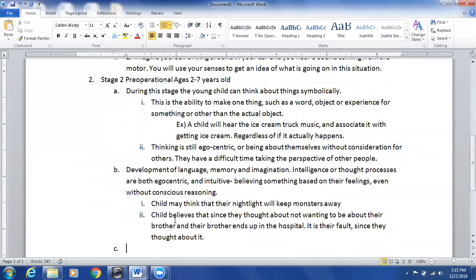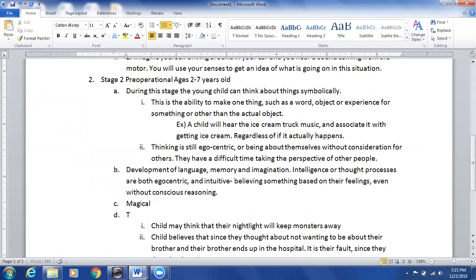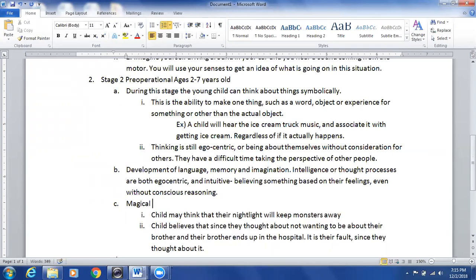So things that aren't actually happening, and that is magical thinking. They think that what they're doing is causing it.